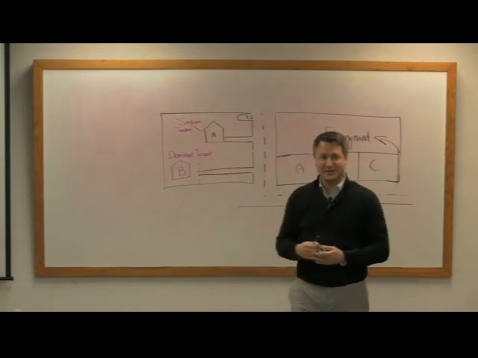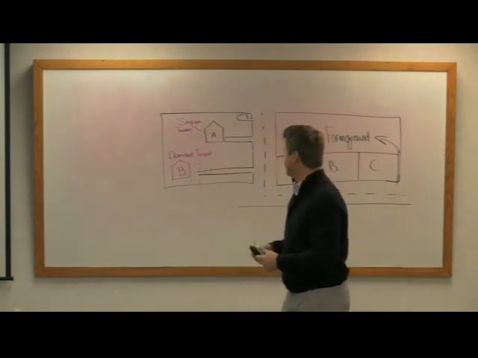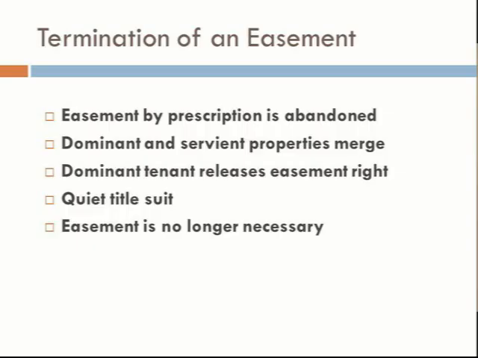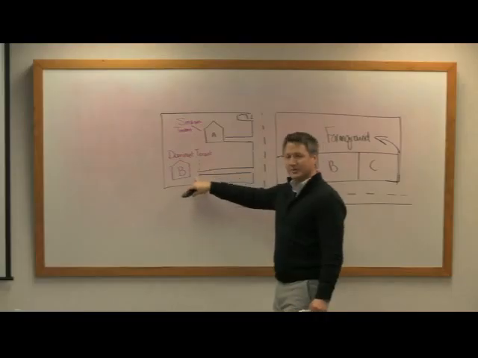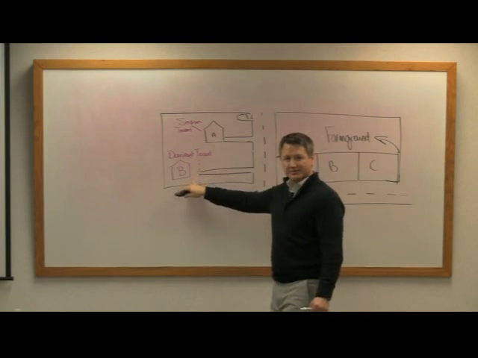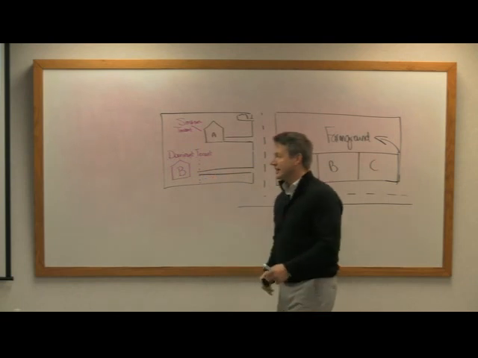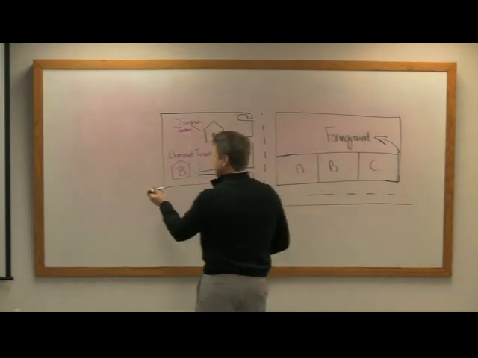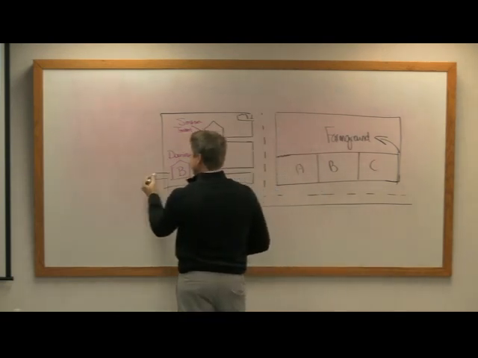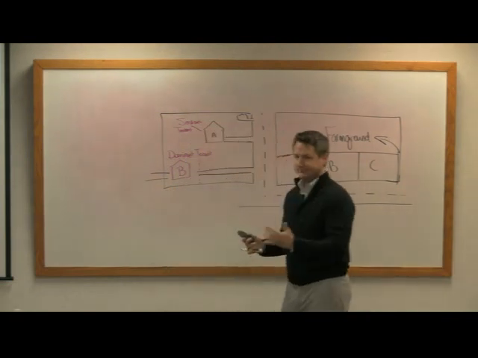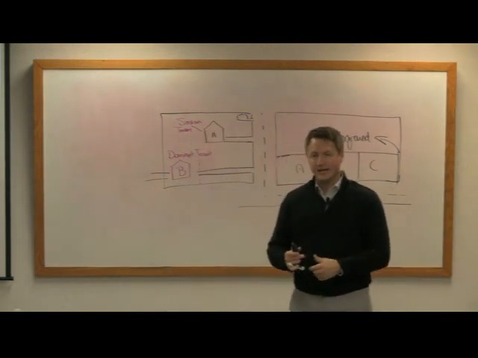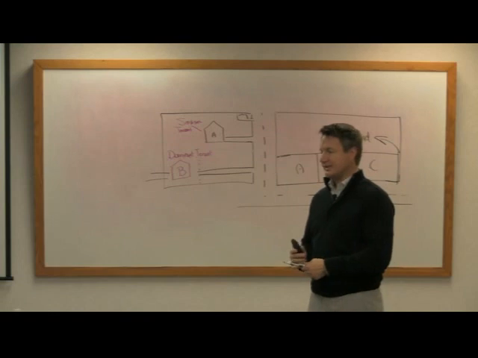So, no longer need the easement. The dominant tenant releases the right. So the dominant tenant no longer needs the driveway. Maybe they bought a helicopter so they can just fly right in and land. So they no longer need the driveway. Or maybe there was a road that was built over here, and now they can access the road that way and they can release that easement.